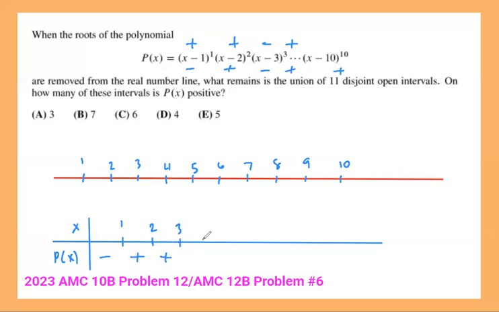And then at 3, it's odd multiplicity because x minus 3 has a third power, which is why it will change direction. It will move on to the other side of the x-axis. So at 4, it will not change the side. It will still be on the negative side, because this is even multiplicity.